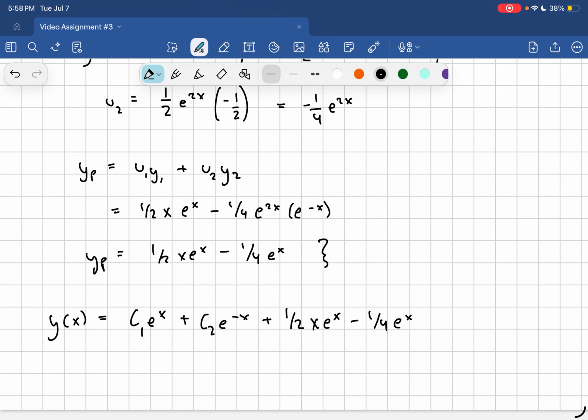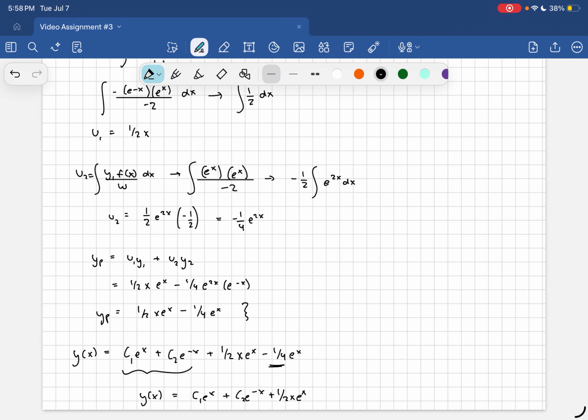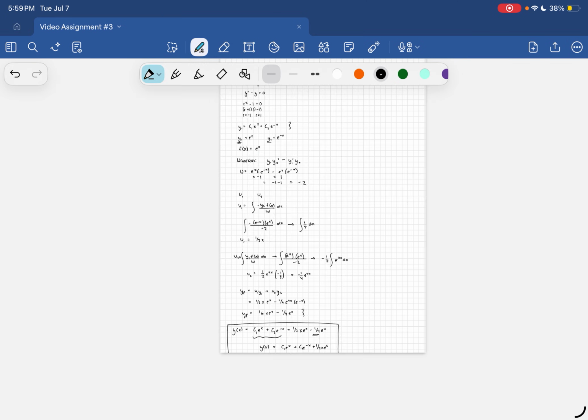Notice that the -1/4 is just a constant multiple of e to the x, which is already part of our solution here, the c1 e to the x. Because c1 is just an arbitrary constant, it can absorb this term as well. So therefore, we can still simplify this to just be y equals c1 e to the x plus c2 e to the -x plus 1/2 x e to the x. So I think both of these are valid here. Thank you.